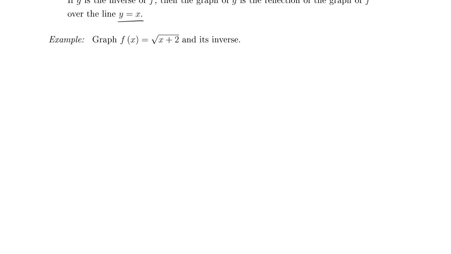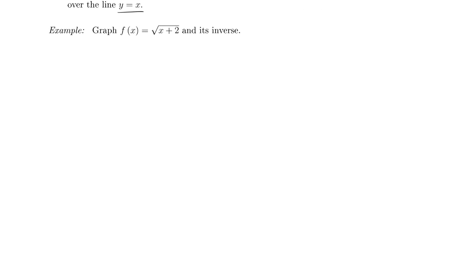So let's see what this would mean for an example. All right, so let's first calculate the inverse, then we'll sketch these and we'll see if what we find is true. All right, y equals the square root of x plus 2. I'm going to solve for x. To solve for x, I'm going to need to square both sides. y squared is x plus 2.